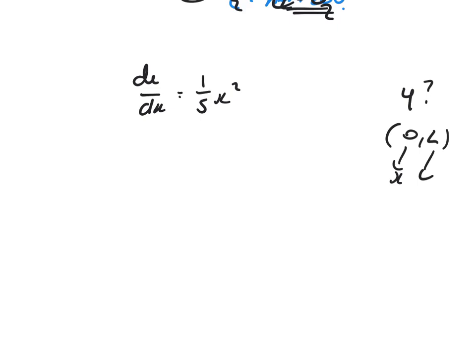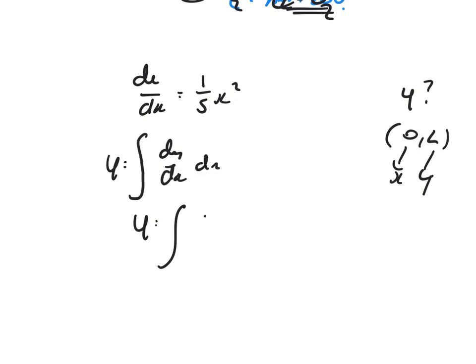Find the equation of the curve y when dy by dx equals 1/5 x squared and the curve passes through the point 0, 4. Okay, so when the x coordinate is 0, the y coordinate is 4. Okay, so y equals the integral of dy by dx.